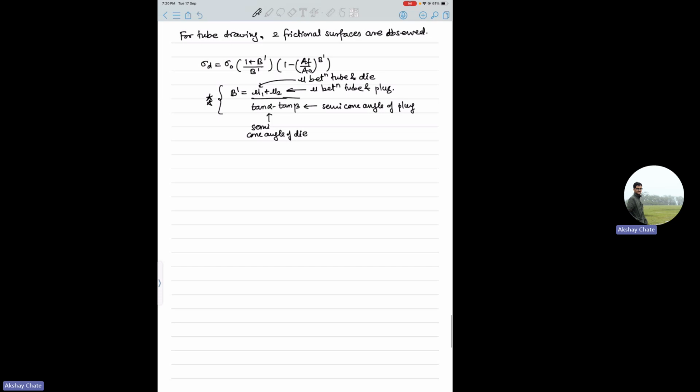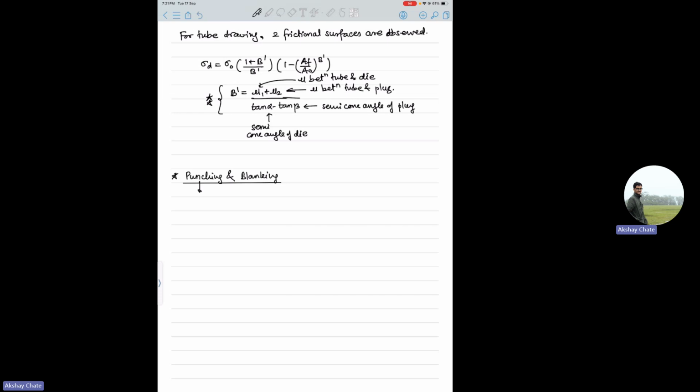Punching and blanking come under different sheet metal operations. Physics wise, there is no difference because both of them can be done on a single machine.